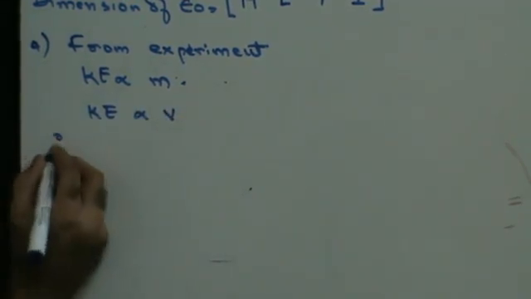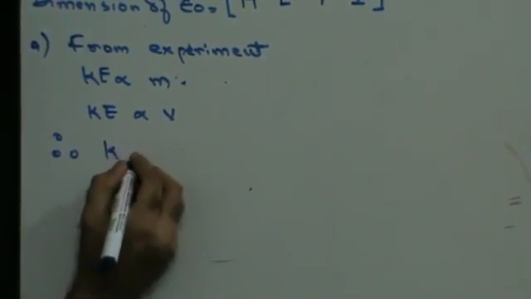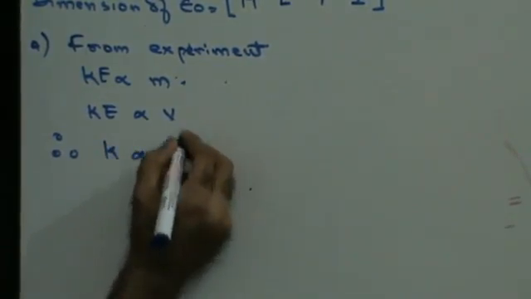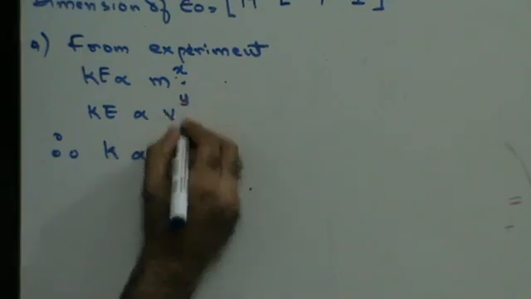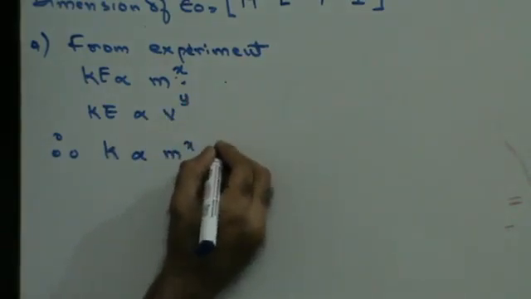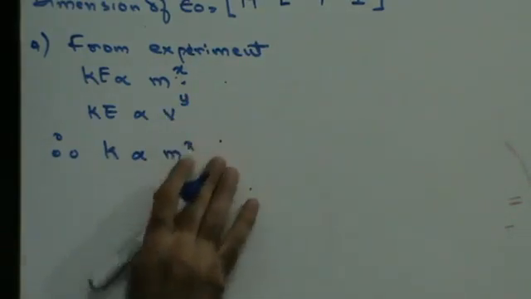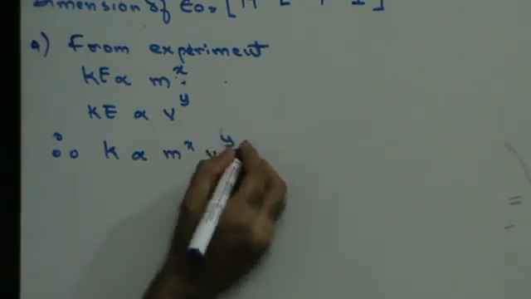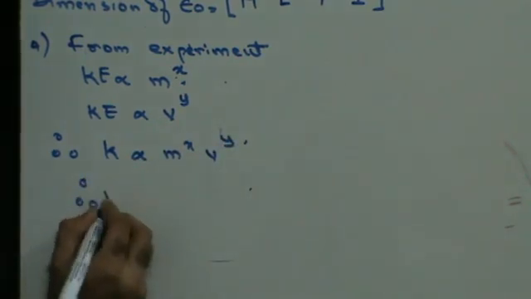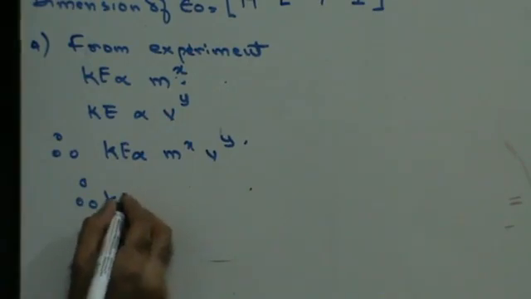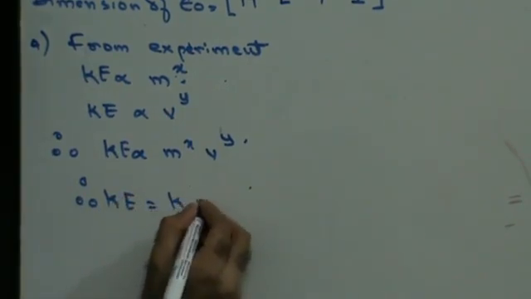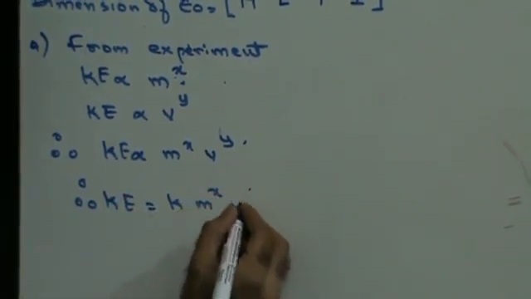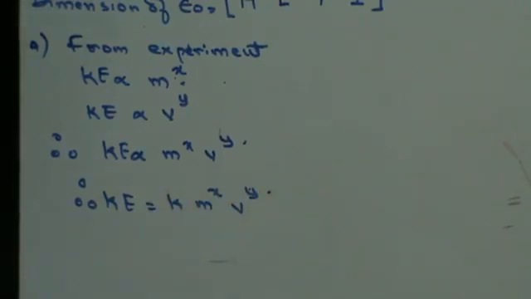Therefore, I can say that kinetic energy is directly proportional to mass raised to x, velocity raised to y. We don't know what power it is. Therefore, kinetic energy is equal to k times mass raised to x and velocity raised to y.